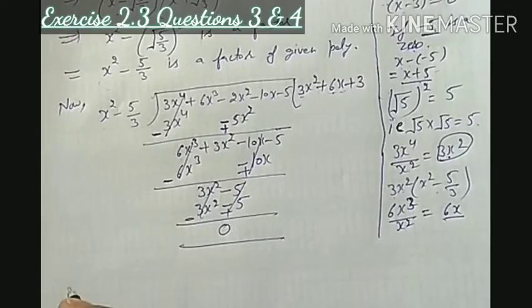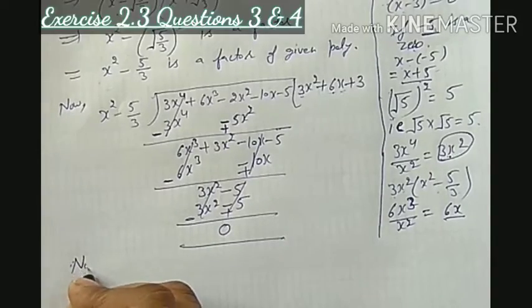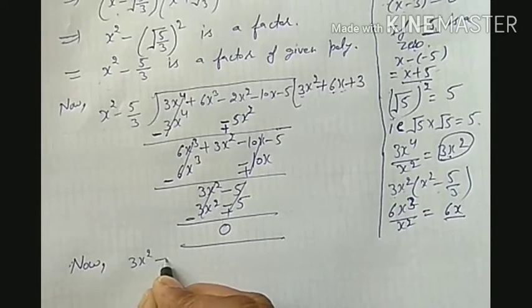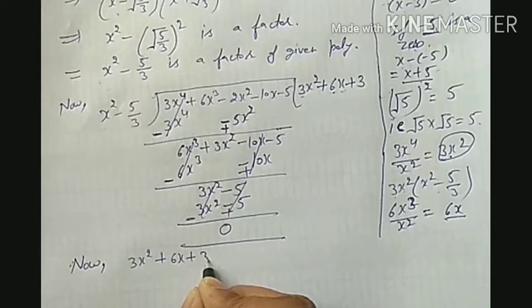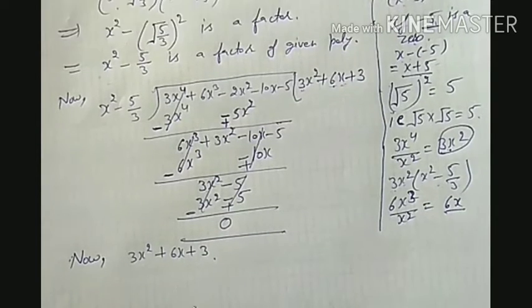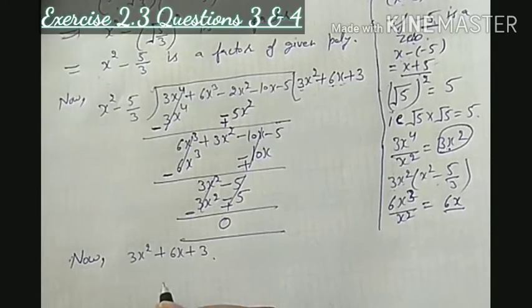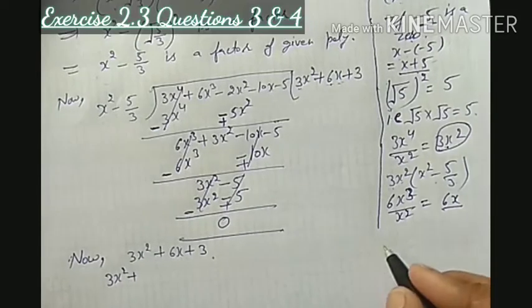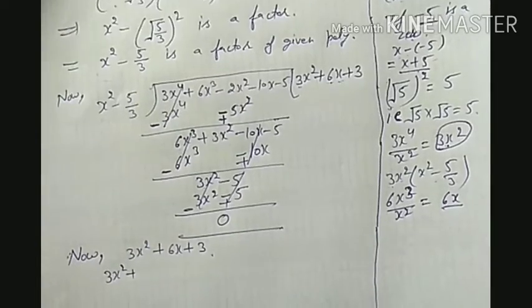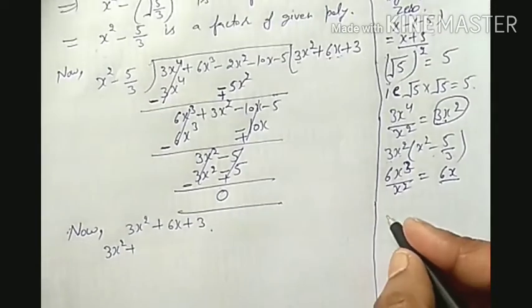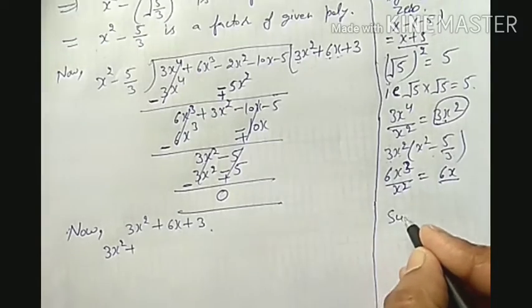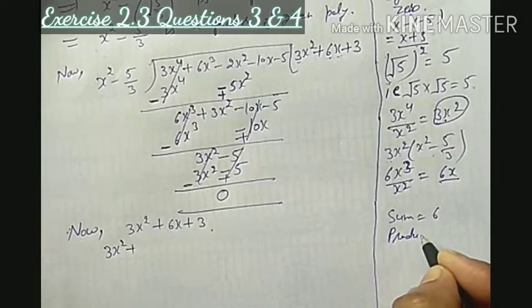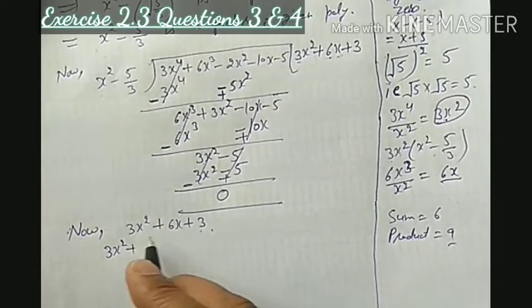So now we get a quadratic polynomial in quotient, 3x square plus 6x plus 3. Now since we have to find the 0, first we will split the middle term 3x square plus, again same rule, मिडल टर्म को स्प्लिट करने के लिए ऐसे दो इंटीजर, दो नंबर चाहिए जिनका सम 6 एंड प्रोडक्ट इज इक्वल टू 9. 3 3 जा 9.